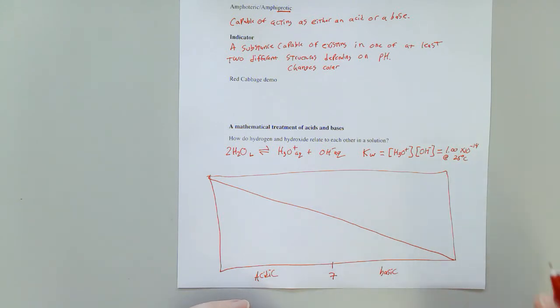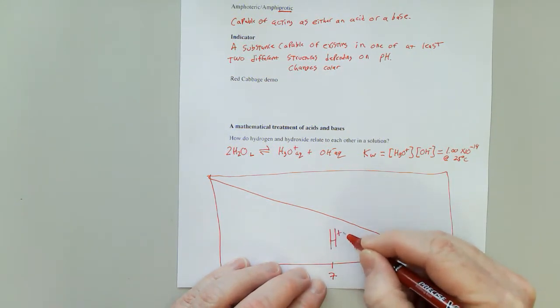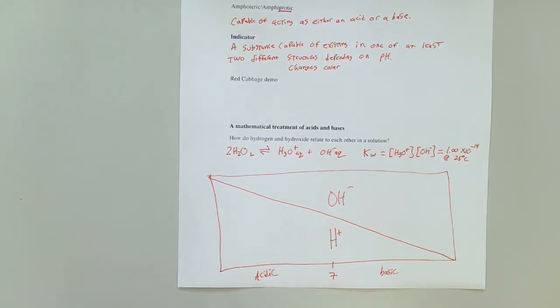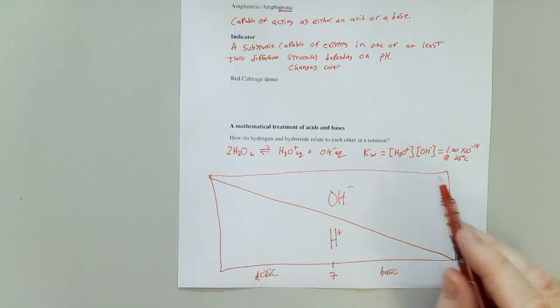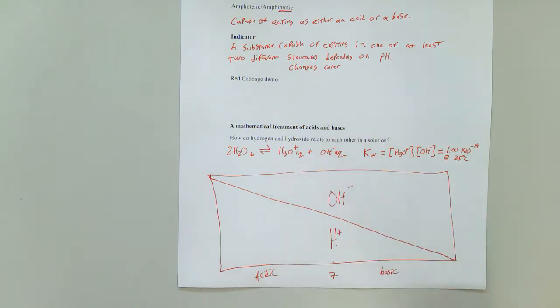And what we know is when we have a pH of 7, the concentration of H+ and the concentration of OH- are equal.